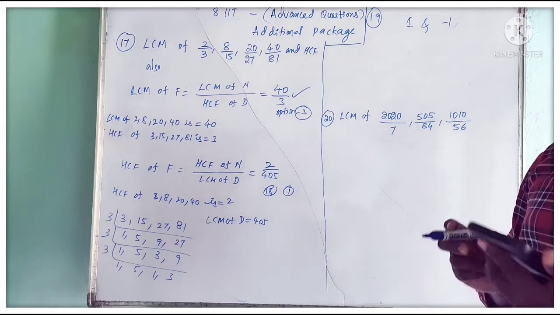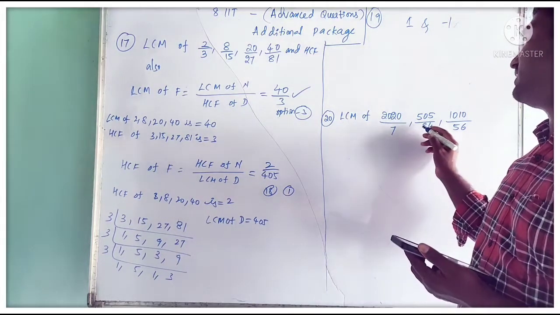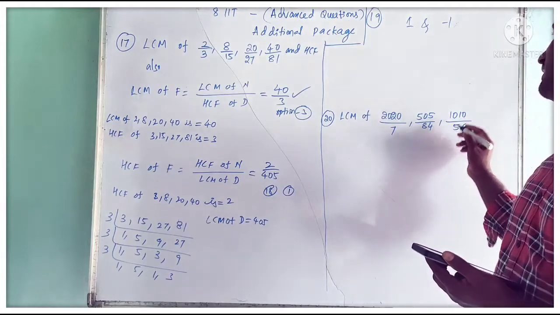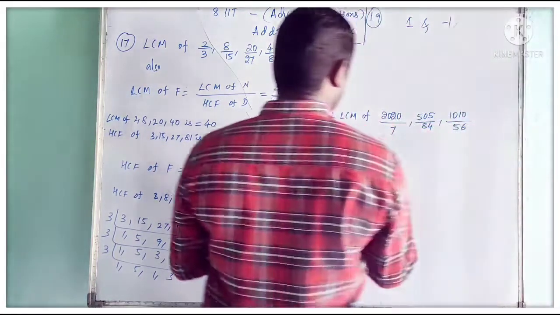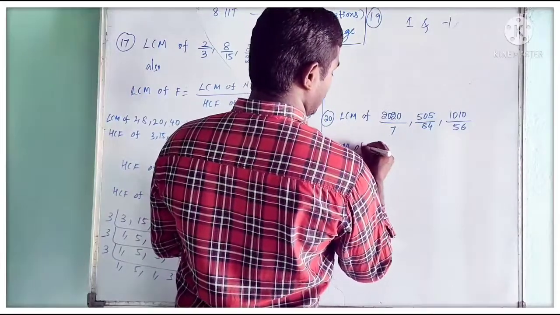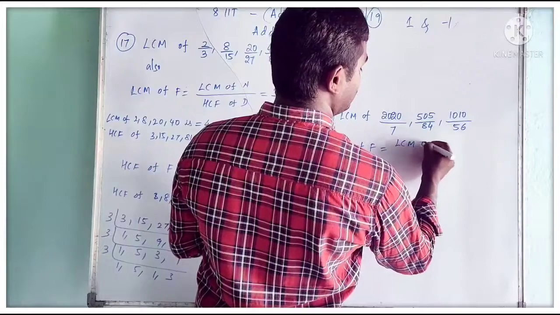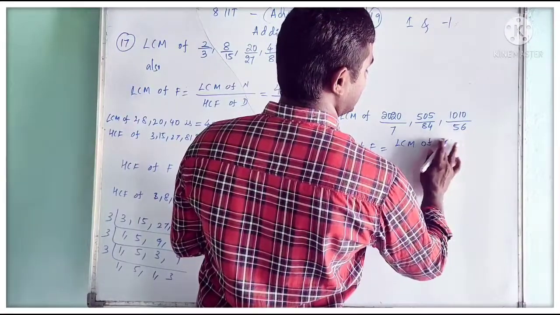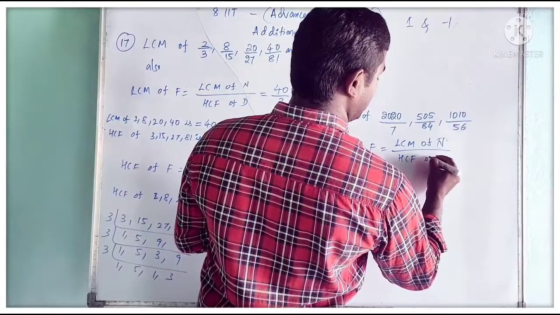Next, question number 20: LCM of 2020 by 7, 505 by 84 and 1010 by 56. LCM of fractions is equal to LCM of numerators by HCF of denominators.